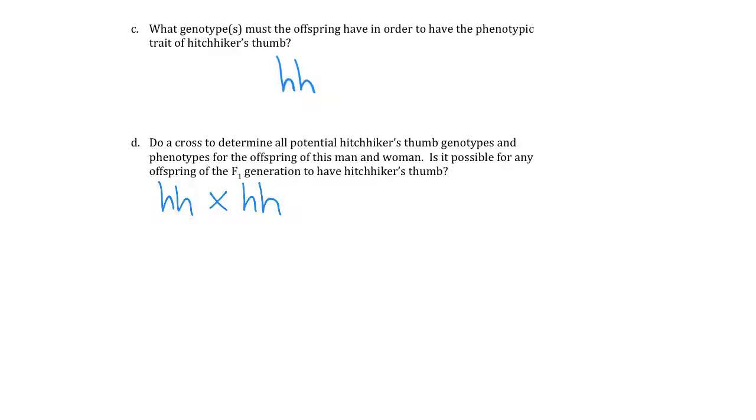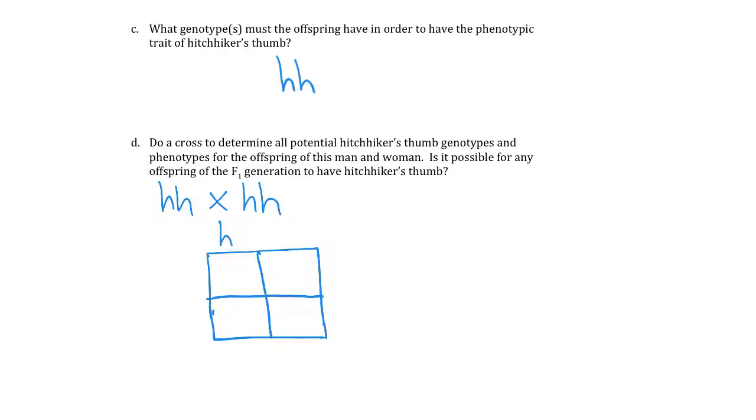We're going to cross the male and the female and make a Punnett square. Just looking at the two genotypes, it should be plainly obvious that there's not even a dominant allele from either of them.